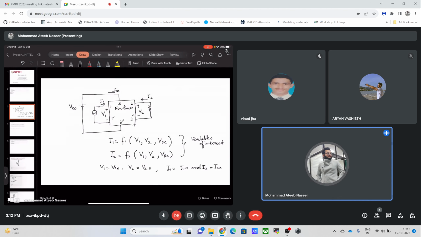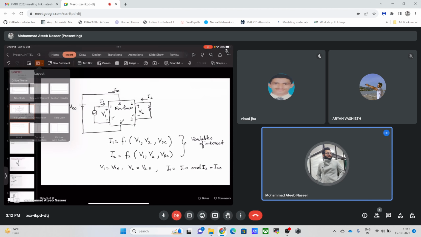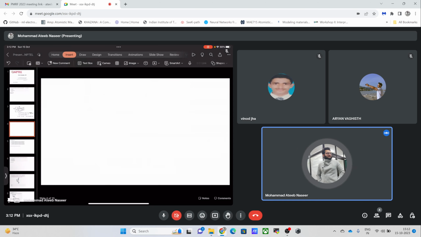So let us say that this is the initial state. This initial state will now be a function: I1 of 0 is a function of V1 of 0, V2 of 0, and VDC, which will be constant.